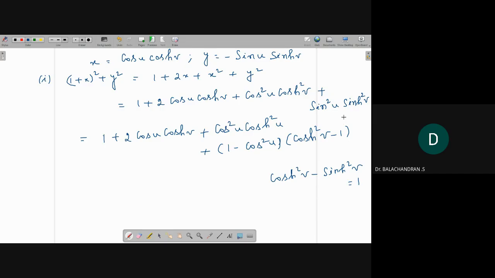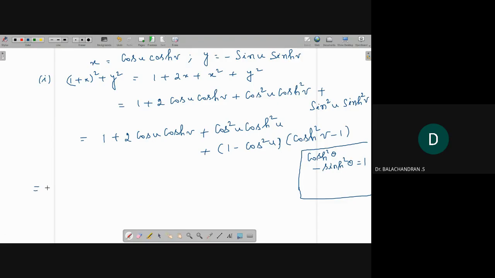But these relations you are studying only the last 2-3 days, so that's why you are not telling the answer. But I know that. You should practice more. So here I'm using the relation cosh square theta minus sinh square theta equals 1. Now I need to multiply and then simplify.